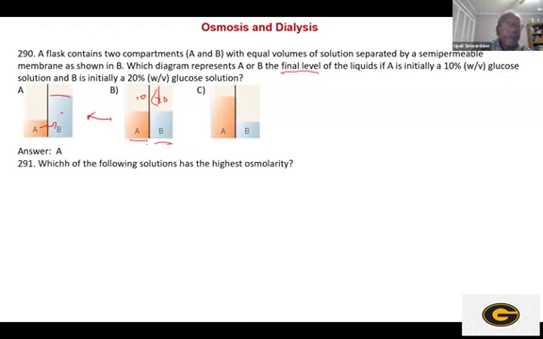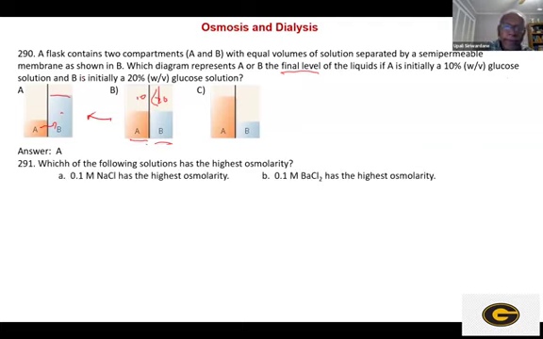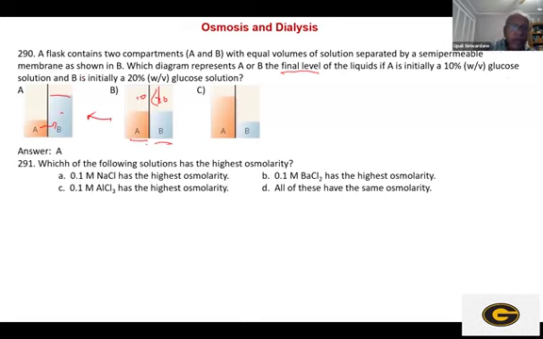Which of the following solutions has the highest molarity? These all have the same molarity. Osmolarity depends on the number of particles. Sodium chloride breaks up in water into 2 particles, others 3, 4 particles. Aluminum chloride, 4 particles.